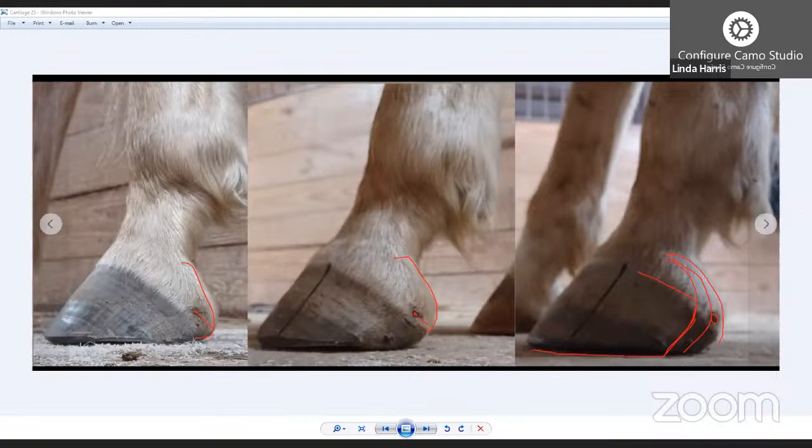So anyway, you see, you got a foot in there with the parts of the capsule continually infringing on other parts of the foot.